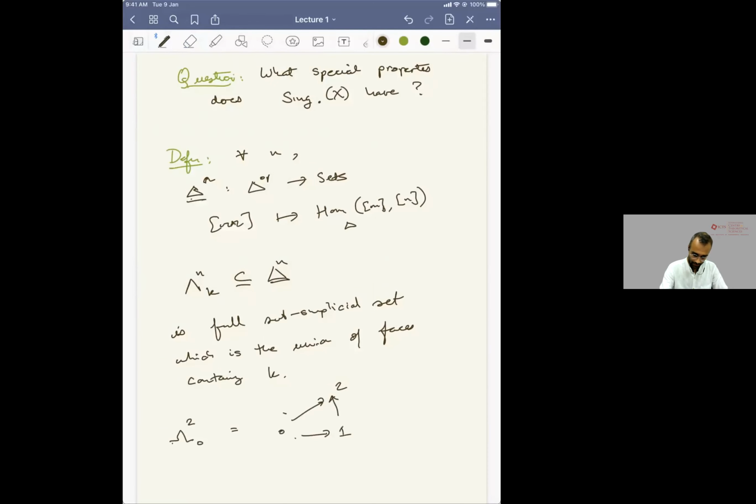So I want to delete this face. Okay, so this is the horn. This is called a horn. And so this is delta 0, 2.